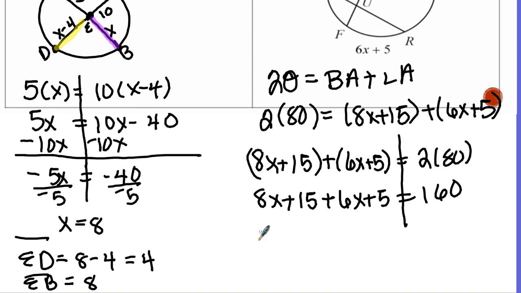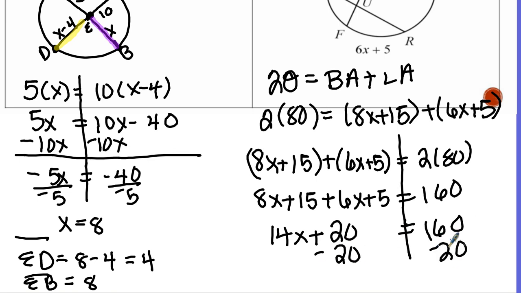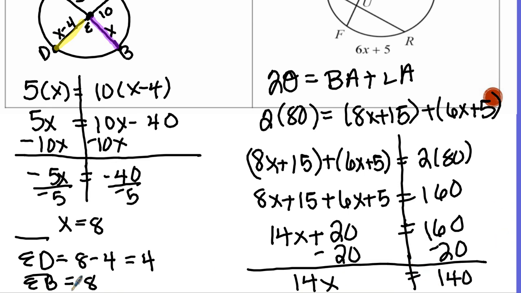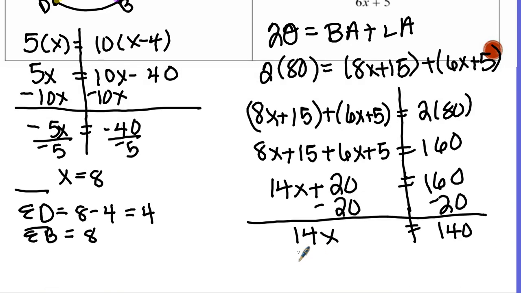And then here we get 14x plus 20 equals 160, combining like terms. So we're going to subtract 20 from both sides. 14x equals 140, divided by 14, divided by 14, x is equal to 10.